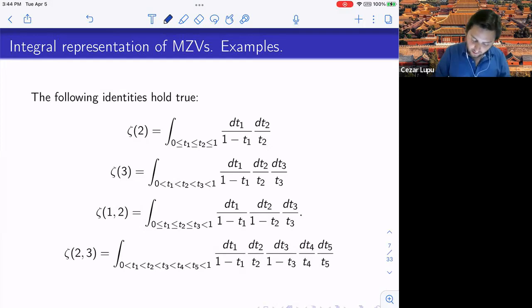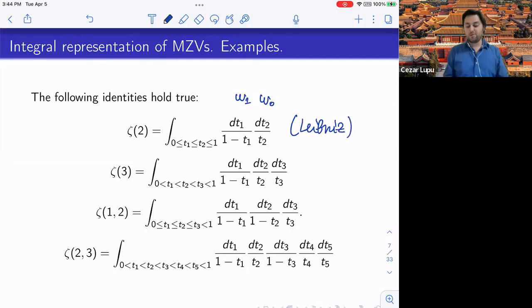As you can see, I have omega 1 here, then omega 0. This goes back even to Leibniz. In fact, it's a very nice exercise to prove it using geometric series expansions, or the expansion of 1 over 1 minus t.